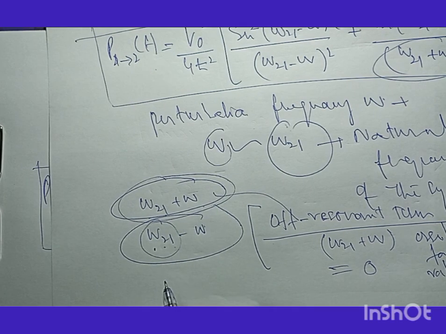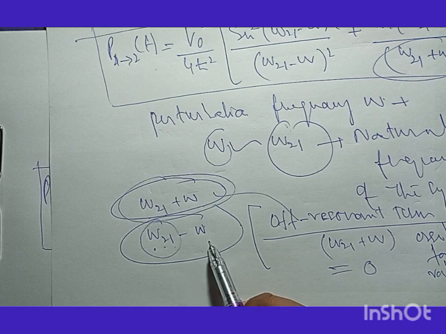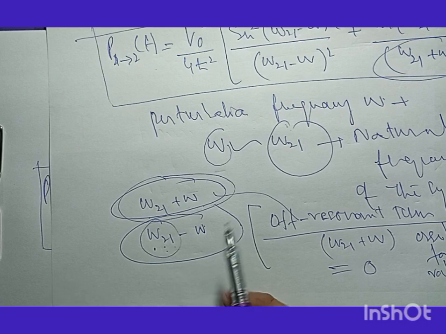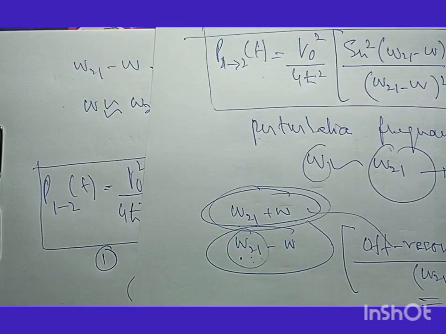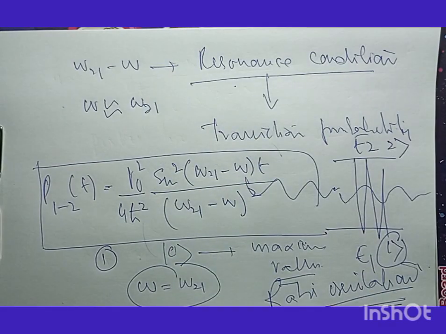And when we go close to the resonance, that means omega 21 minus omega nearly equal to 0, the transition probability grows, peaking at omega equal to omega 21.